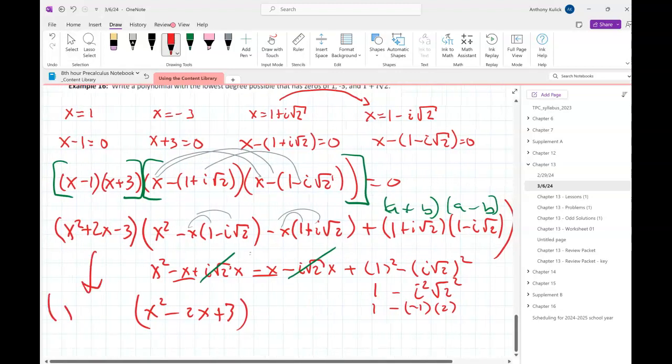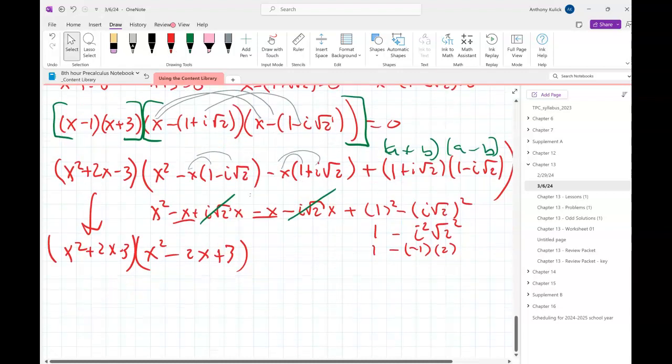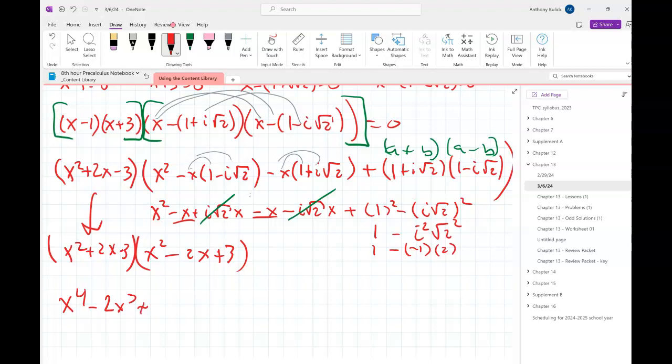And then this guy just is going to come down for the ride. And now I'm just going to FOIL this guy out. Oh, Mr. Kulik. It's like, I can't help it, guys. It's just like foiling.